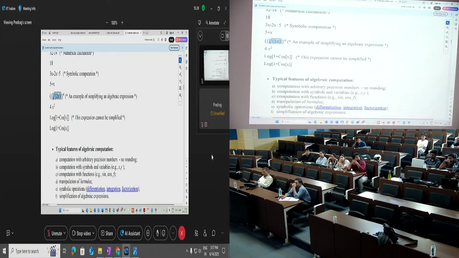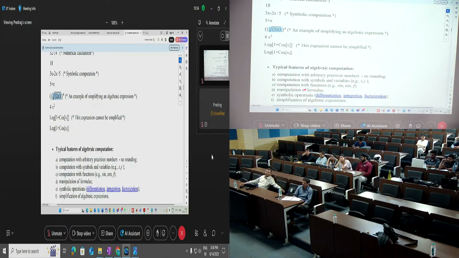What can we expect of symbolic computation? First, we can expect computation with arbitrary precision numbers, with no rounding, and with no problems about ill conditioning. Computation with symbols and variables.